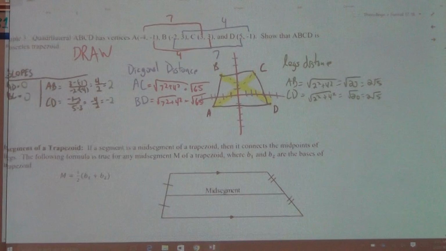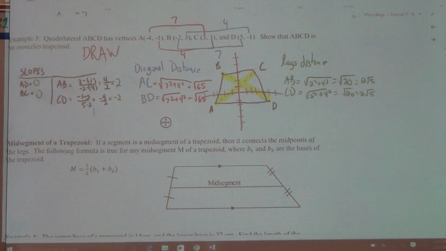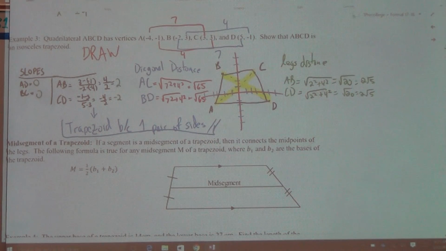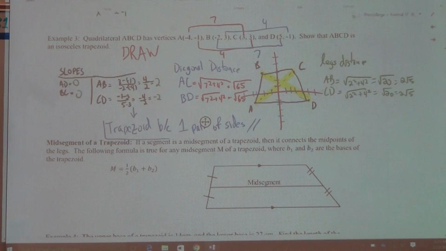So the slopes tell you the trapezoid because one pair of sides is parallel. So that is a fact.